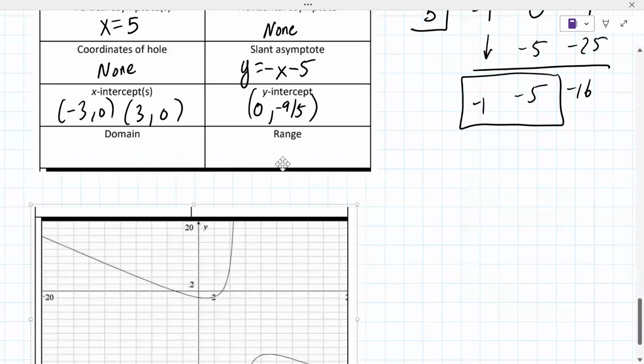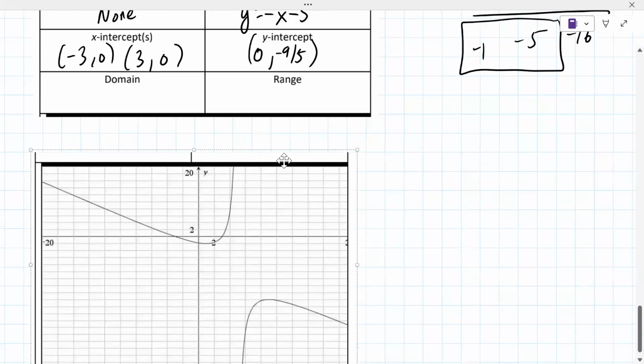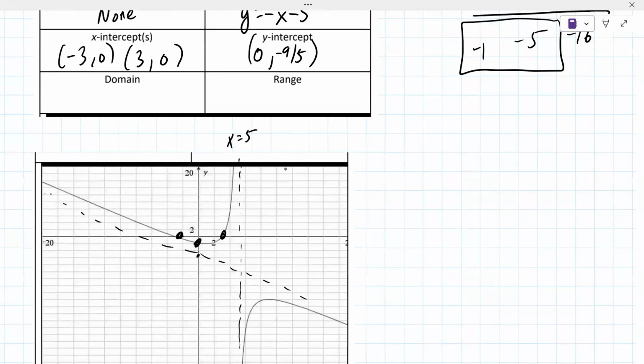So, x equals 5, you got one there. You got the x-intercepts there and there, the y-intercept there, and then that slant, minus x minus 5, 2, 4, so somewhere there. Does she want you to use a ruler, or can you kind of hand draw them?